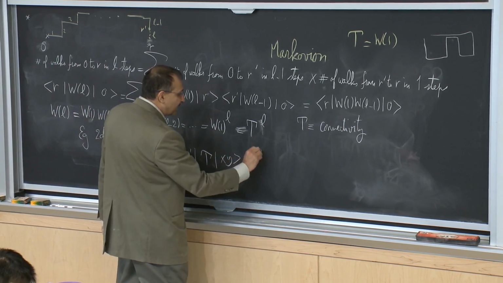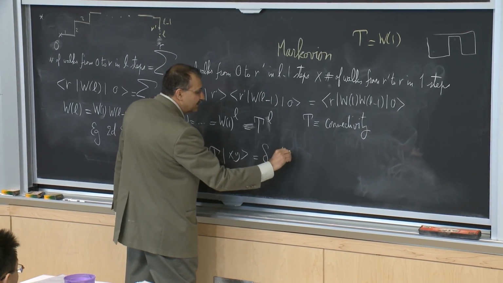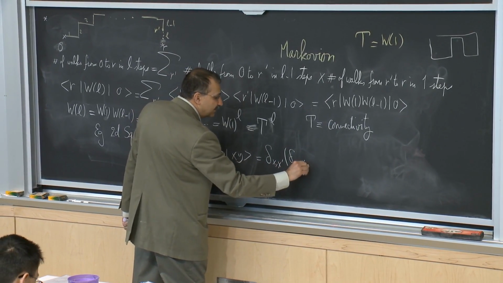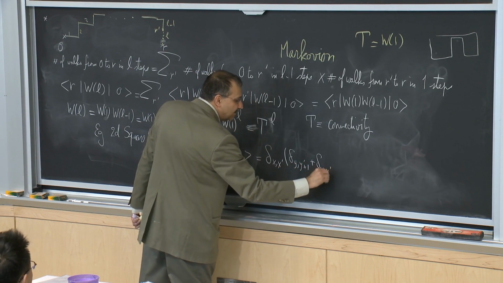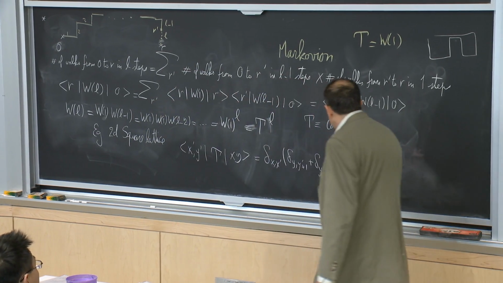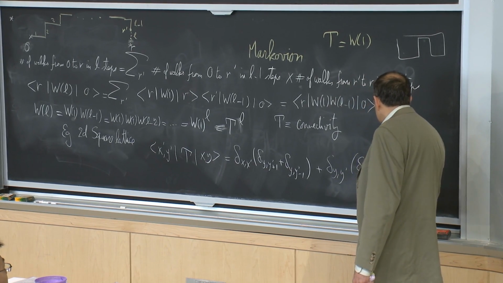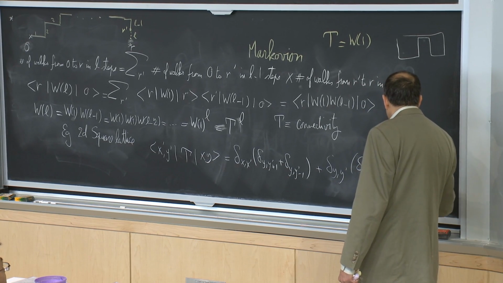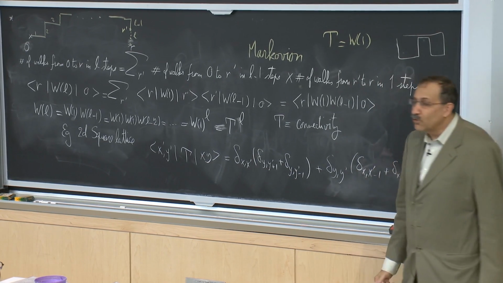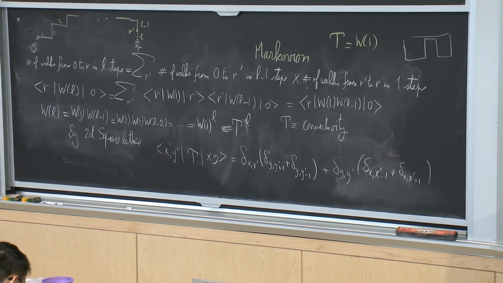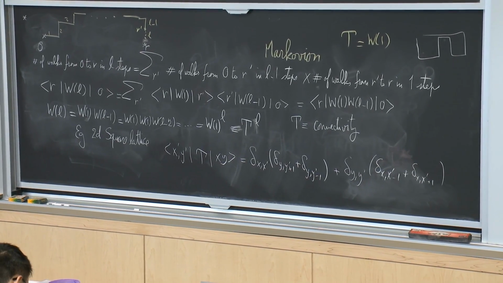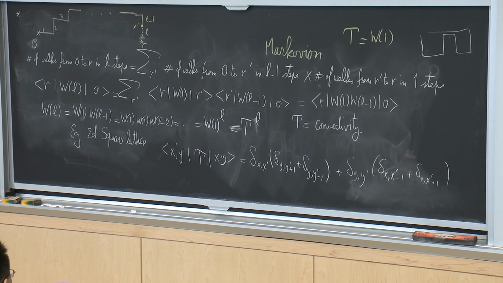And the answer is that either X stays the same and Y shifts by 1, or Y stays the same and X shifts by 1. These are the 4 non-zero elements of the matrix that allows you to go on the square lattice, either up, down, right, or left, and the corresponding things that you would have for the cube or whatever lattice.